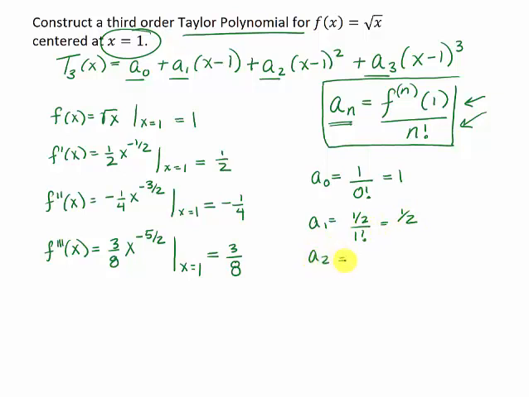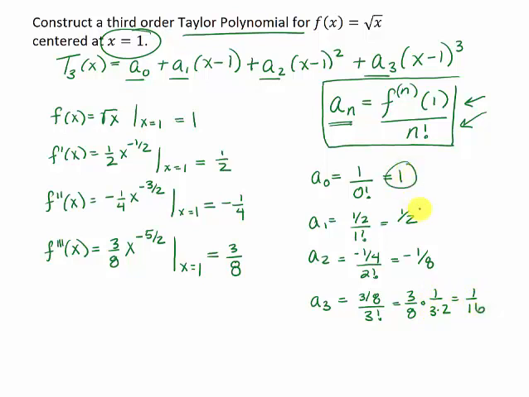A sub 2 is going to be negative 1/4 divided by 2 factorial, which is negative 1/8. And a sub 3 is going to be 3/8 divided by 3 factorial, which is 3/8 times 1 over 3 times 2, which is 1/16.